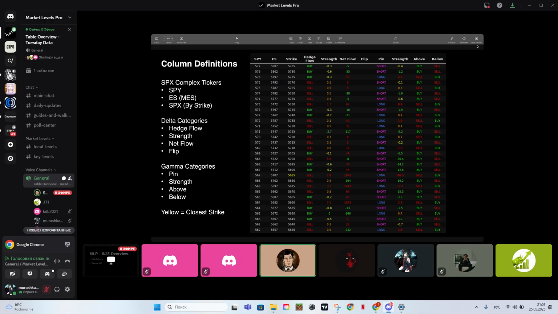We've included ES or MES and SPY so that traders who are trading futures or SPY as their primary have something they can use, all of which find confluence with this data as well. There will be slight variations, but there's quite a bit of confluence because they're all tracking the same thing.